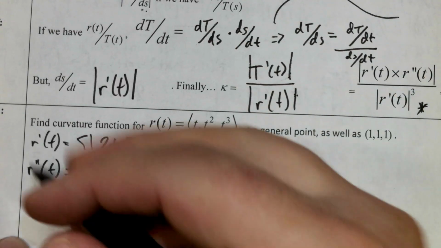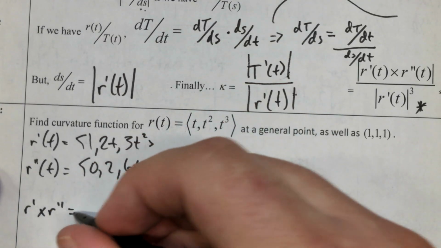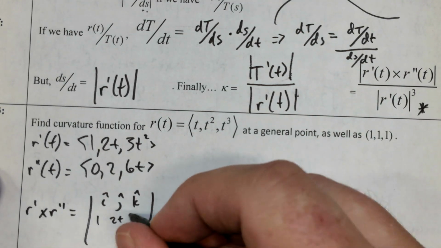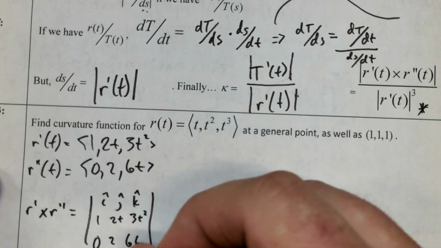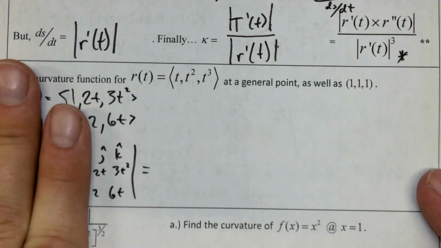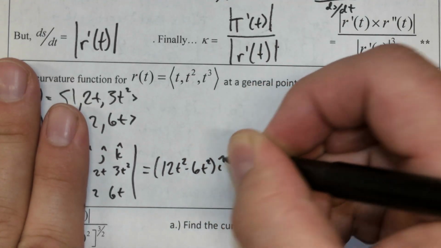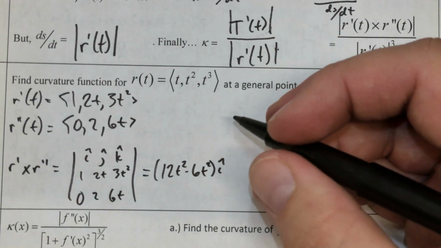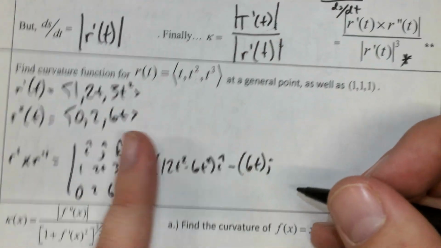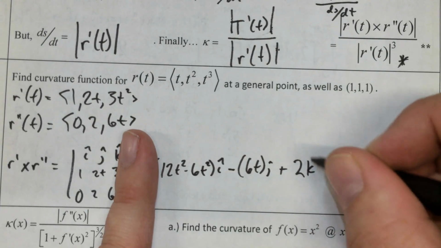I'm going to cross these two things, r prime cross r double prime. Forgive me for starting to lose a little bit of notation here. 1, 2t, 3t squared, 0, 2, 6t. Okay, y'all know how to do a cross product. Let's do that cross product. 12t squared minus 6t squared i, minus 6t j, plus 2k.